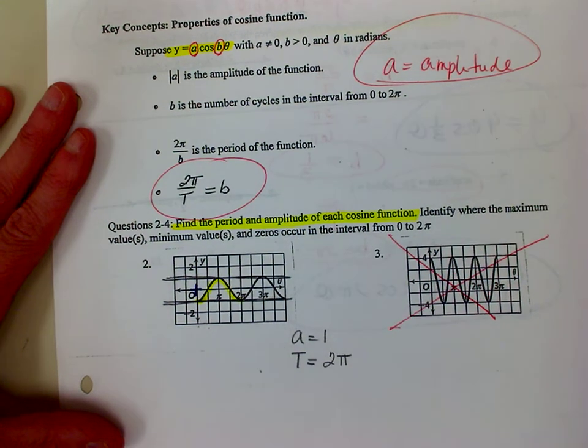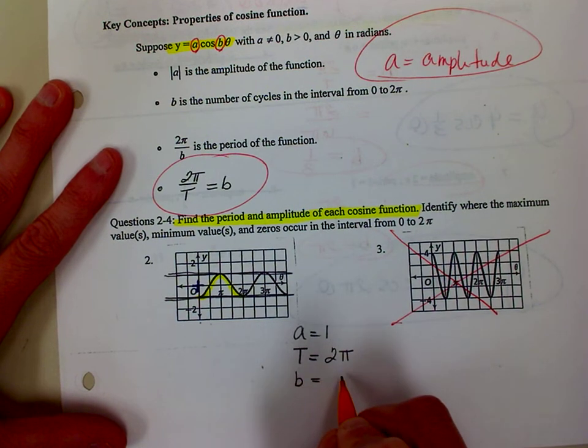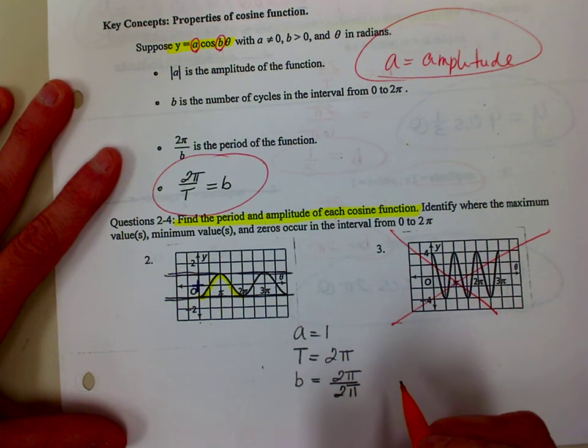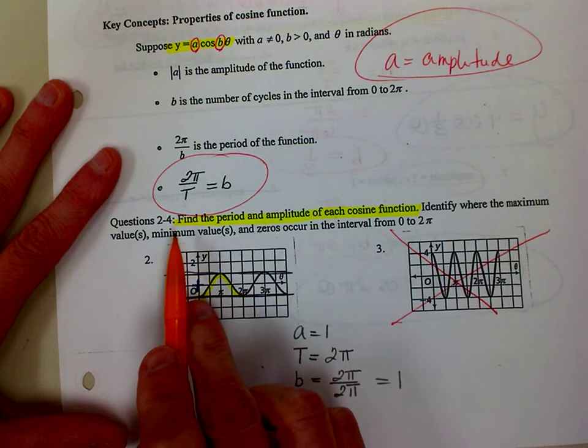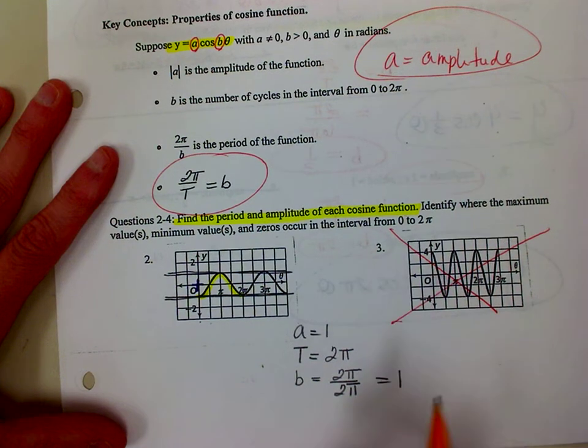But I don't really care what the period is so much. I want to know what b is. That's where I'd always take 2 pi and divide it by the period, which is going to be 1. Oh, I notice now I don't really need to write the equation. That's okay. I'll write one anyway.